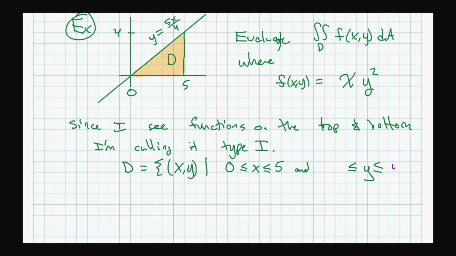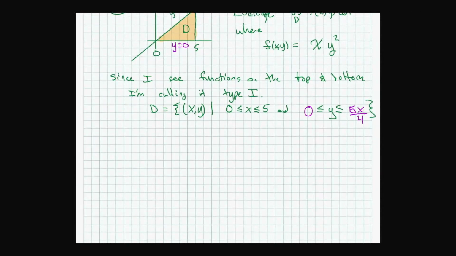So that's here, 5x over 4. Now your bottom function isn't labeled, but you should be able to figure out that that's y equals 0. So you have to figure out those functions. Once you figure out those functions, we can set up our integral.